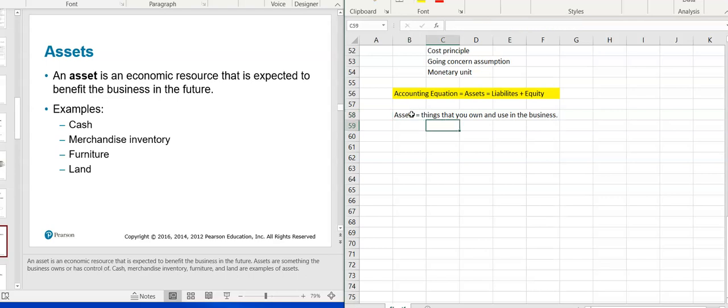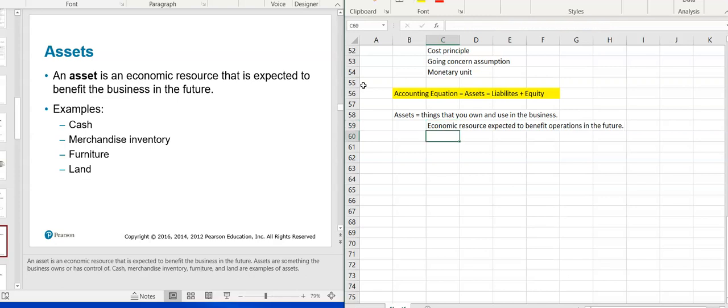All right, you might notice they have a little bit more technical term for it. They talk about it as being an economic resource expected to benefit operations in the future. Okay, so it's something that you have in your possession that you can use.